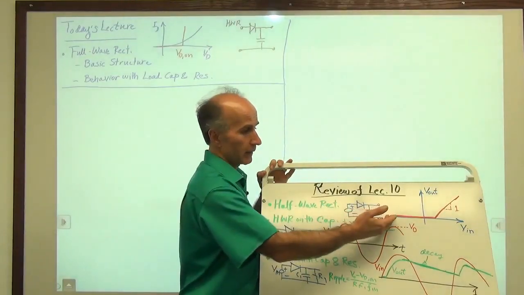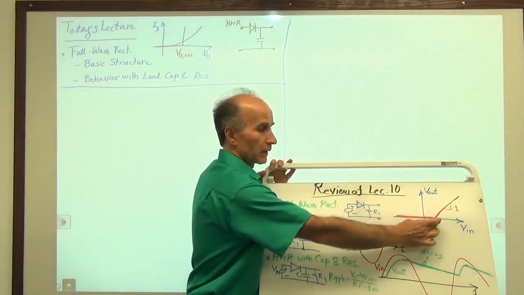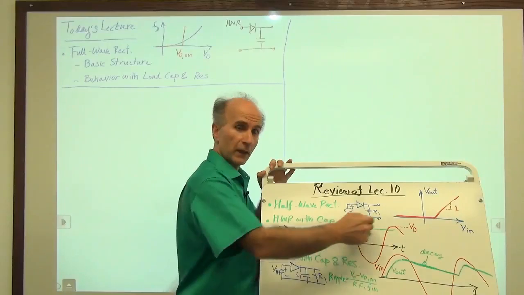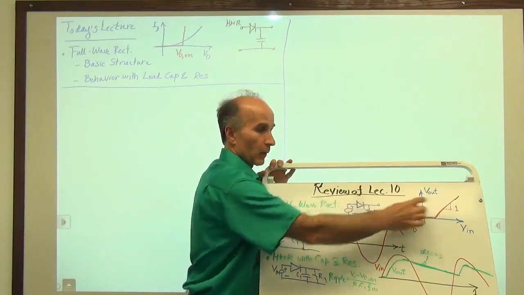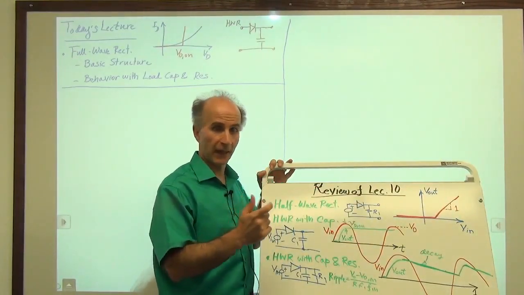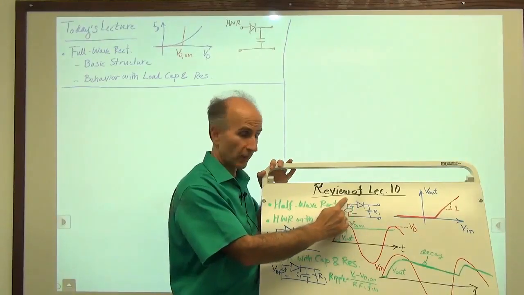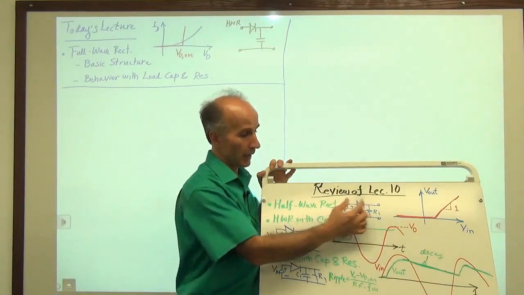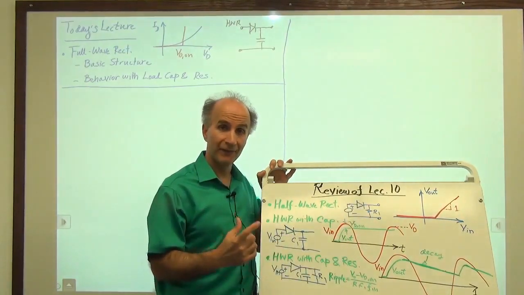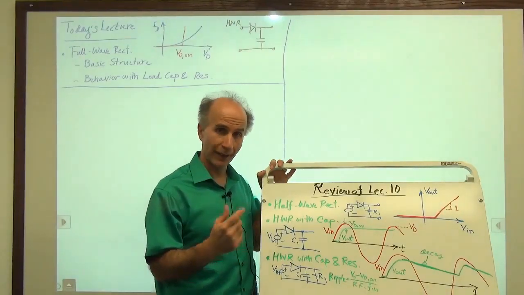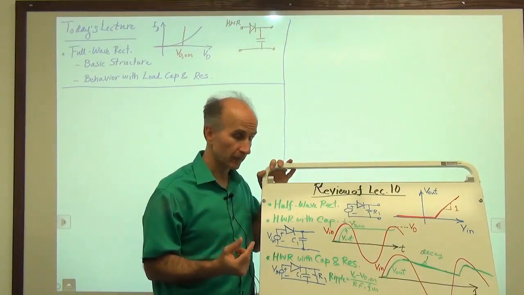We saw that the output is 0 until the diode turns on, and then it just tracks the input with a slope of 1. The difference is that there is a level shift by an amount equal to Vd on, which we call a diode drop.